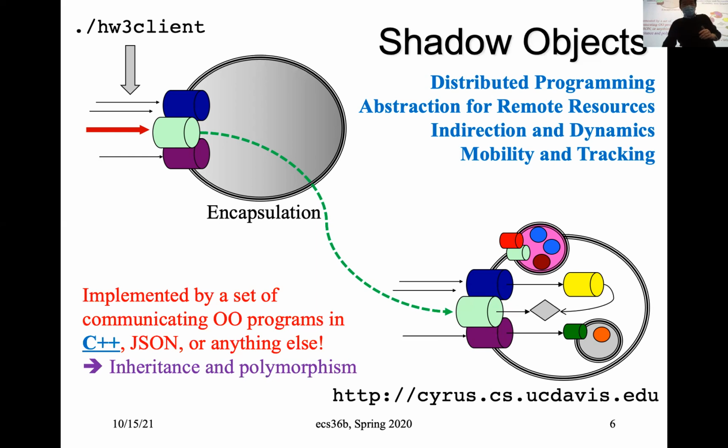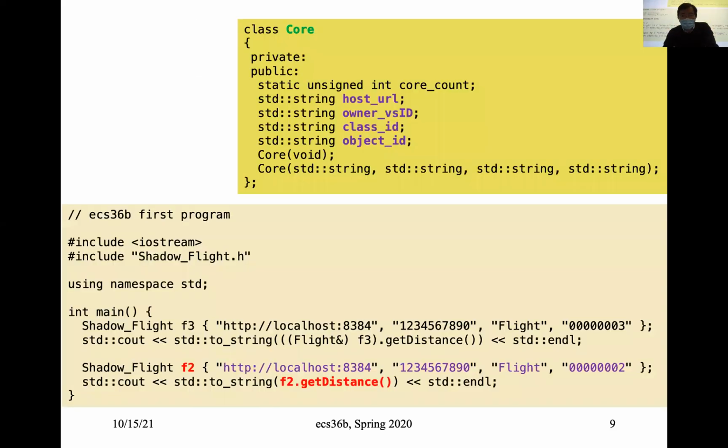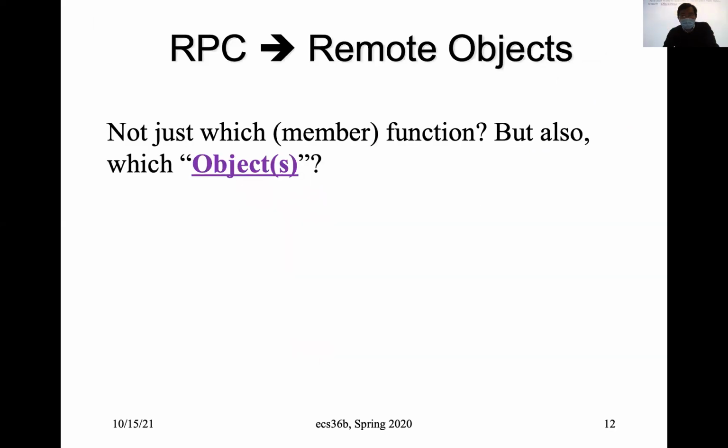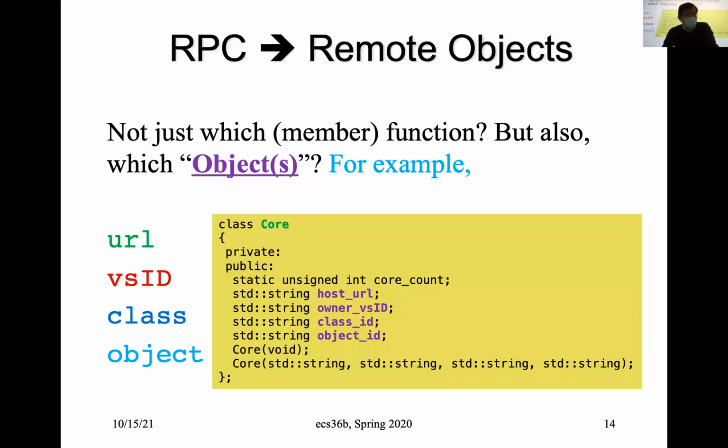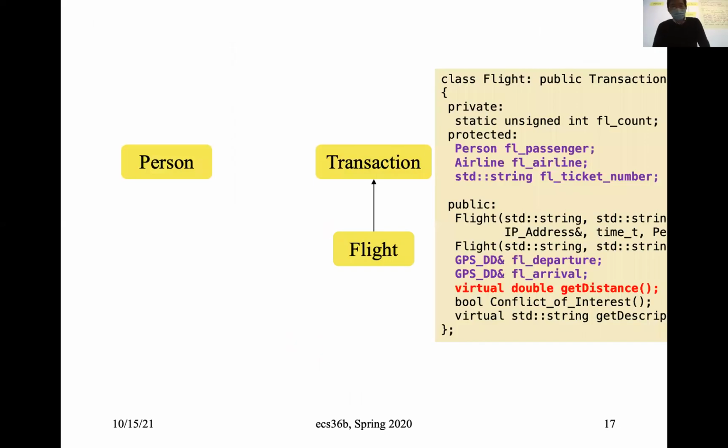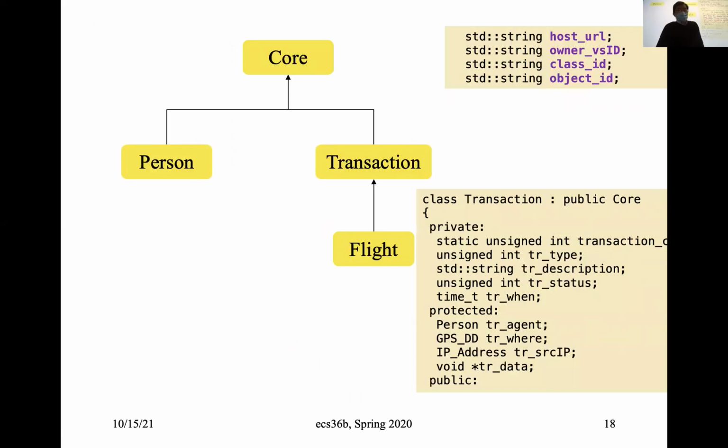All right, so I'm going to show you an example about the shadow object. I will skip the remote procedure call first, but tell you about this hierarchy. You're familiar with the class hierarchy.